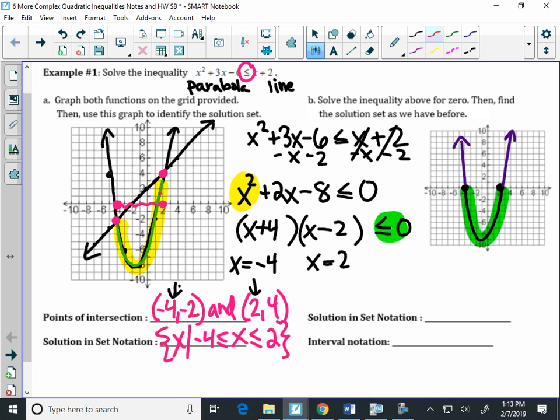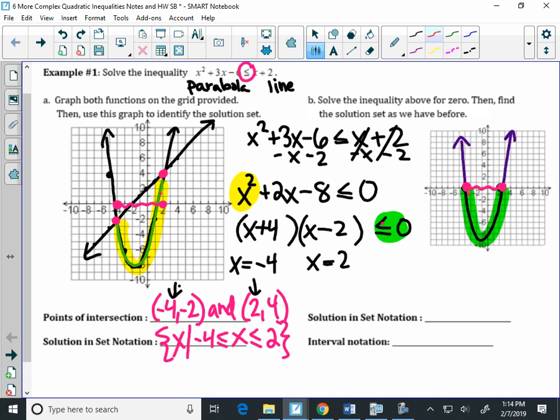So if I go onto the x-axis, I'm going to put closed dots at my x-intercepts because it says less than or equal to, and the equal to means closed. And would you shade in between those dots for your solution set or outside? In between, right? Because I have one green portion, I need one part of my number line.